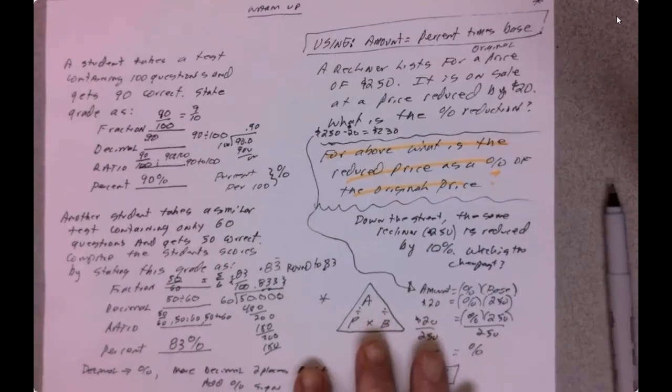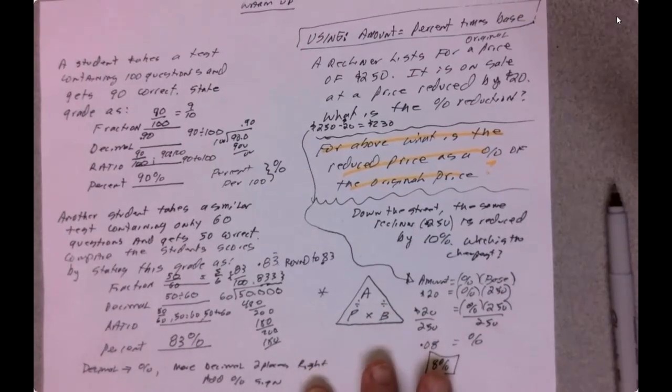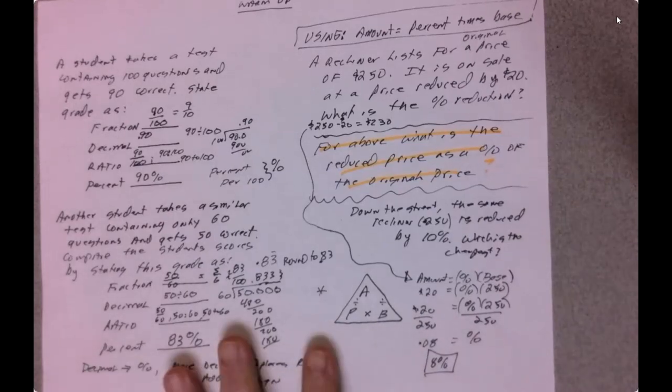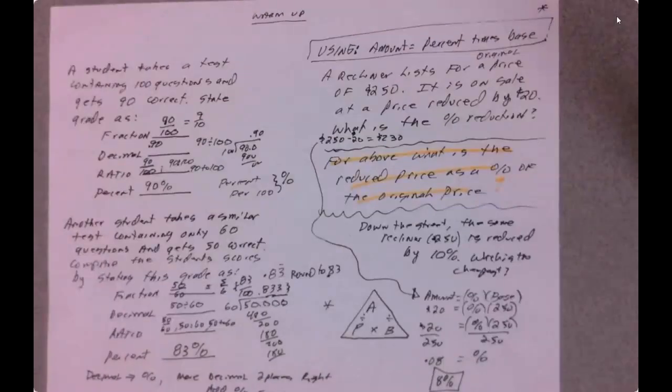So percent calculations are everywhere. On the news, they talk about inflation is at 5%. Businesses reduce their prices by a certain percent. Or we say prices have increased by a certain percent. Sales tax is usually a percent of the value of the item that you're buying. So percentages are everywhere. And I hope these simple examples help you out here.